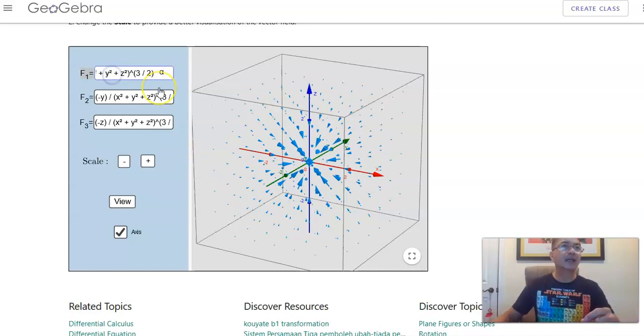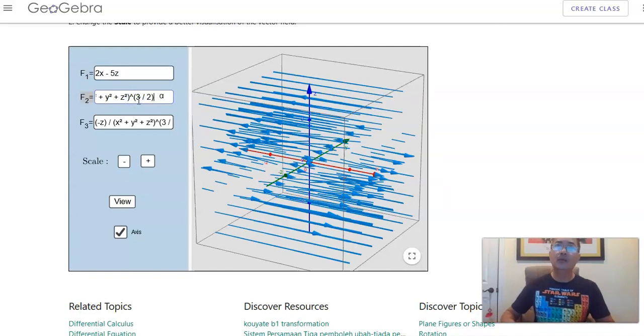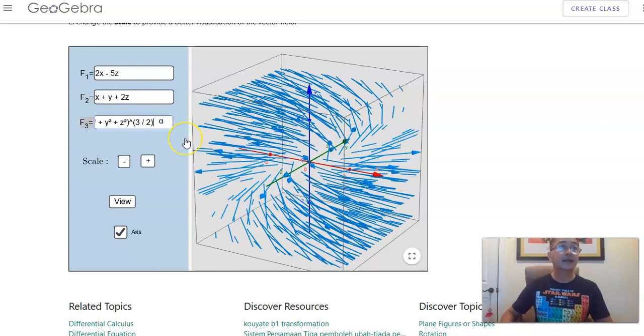So how about something a little bit more regular, so to speak, like 2x minus 5z. Ooh, wowee. And now how about x plus y plus 2z. And last but not least, how about we have 3y minus 4z.